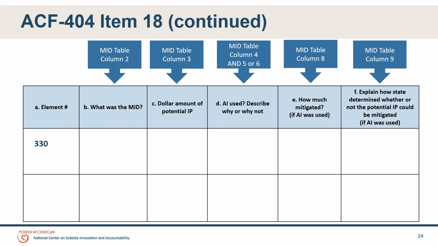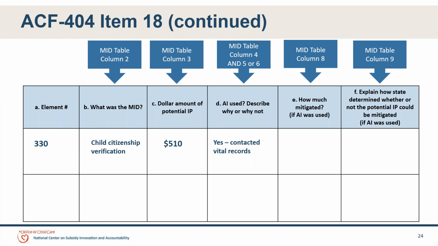First, let's pretend that one of our worksheets had a potential improper payment error caused by MID in element 330. The child's citizenship verification was missing. The potential improper payment was $510. Then moving to column D, yes, an additional inquiry was used.